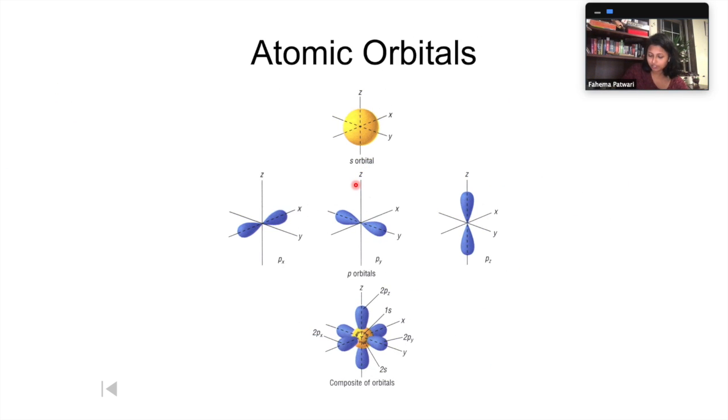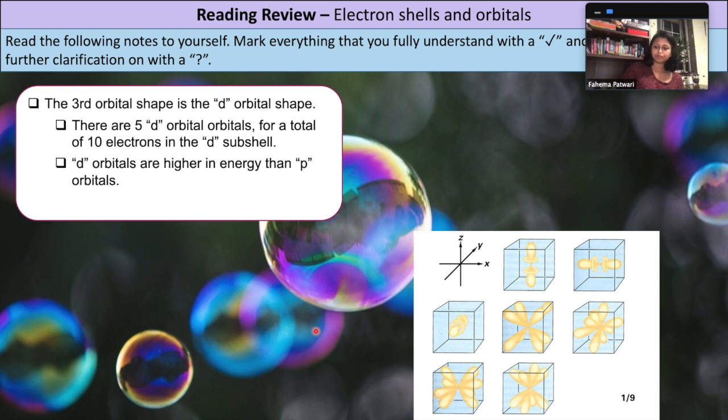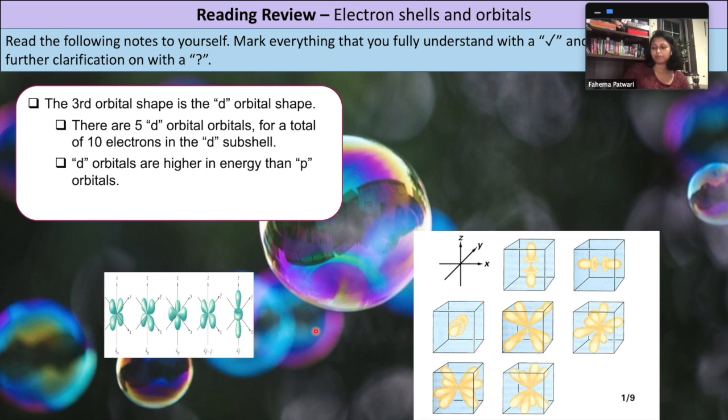Now if we visualize it, the second energy level we said had the p orbitals and the s, so altogether this is what they look like overlaid, right? So this can carry a total of 8 electrons in those 4 different orbitals. So now here's some more shapes. You are not responsible for knowing them, right?